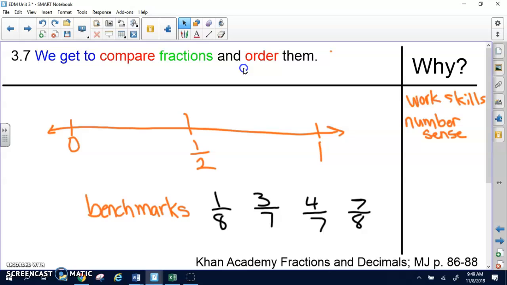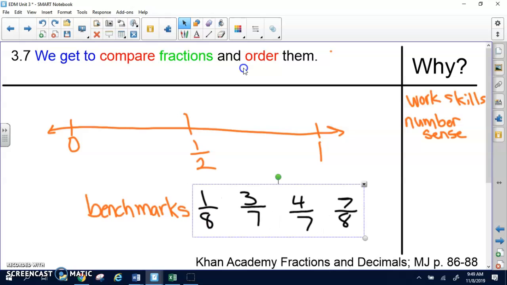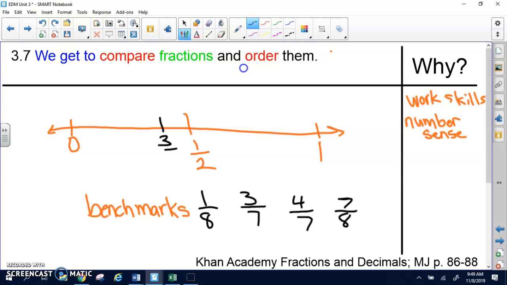Now, which one of those two are closer to the 1/2 in your opinion, and why? How do you know that? Yeah, so there's more, but think about it. Duke, do you have a thought about this? That's true.